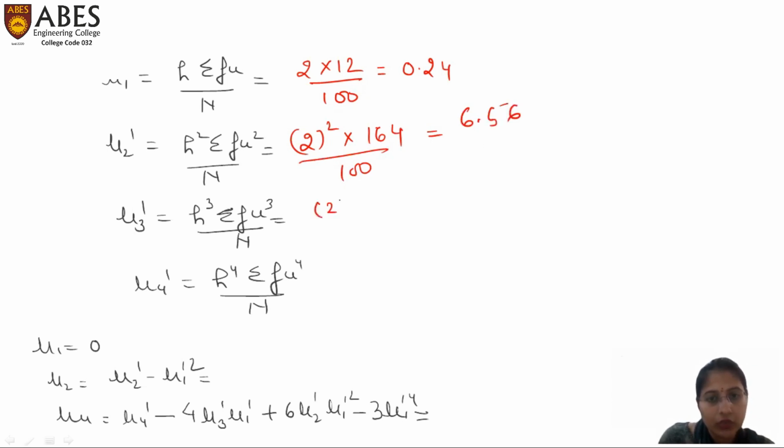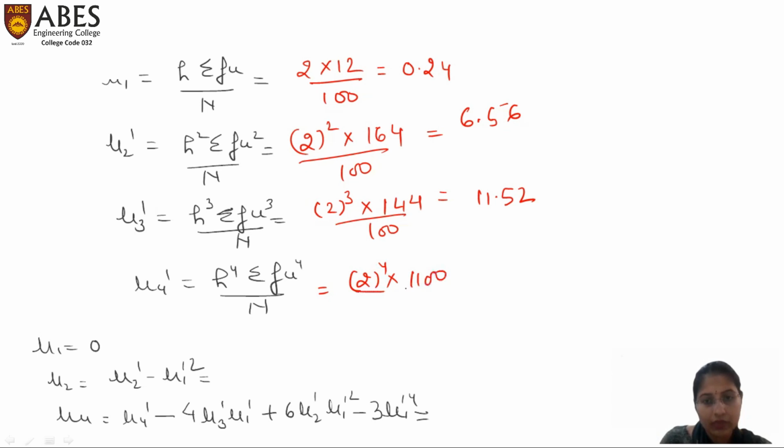Third is 2 cube multiplied by summation fu cube, 144, upon capital N, which is 11.52. And fourth is 2 power 4 multiplied by 1100 divided by capital N, whose value is 176.